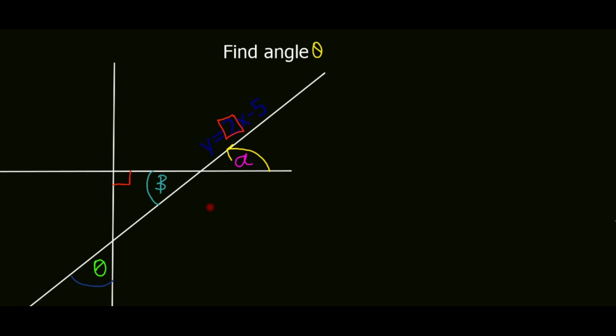So from this right angle triangle, we can find this angle. Let's say angle x. We can find this angle very easily, because this angle plus this angle plus this angle is 180 degrees, which is the sum of the interior angles of a triangle.